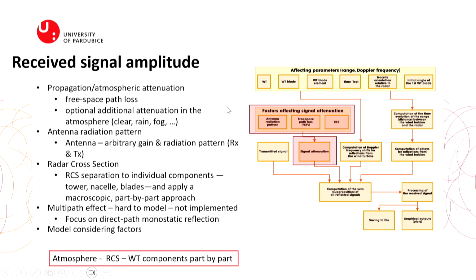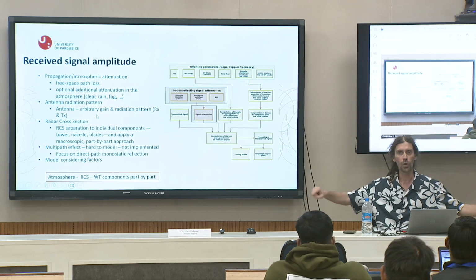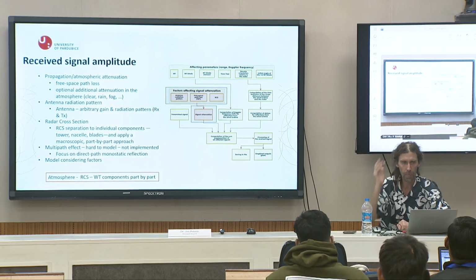Then the received signal amplitude will for sure also be affected by the antenna radiation pattern, because it depends on where my maxima in the radiation pattern are, what sidelobes there will be, and so on.